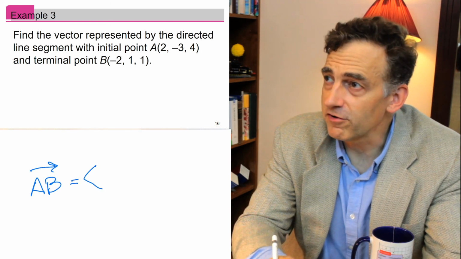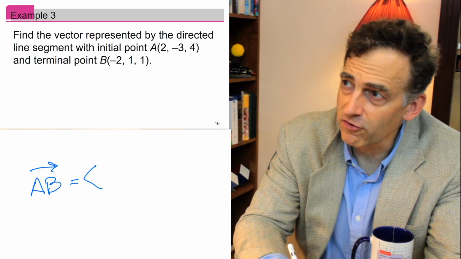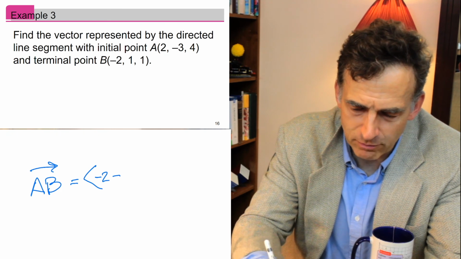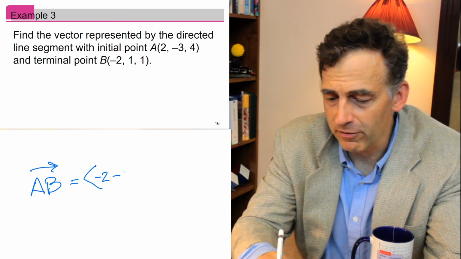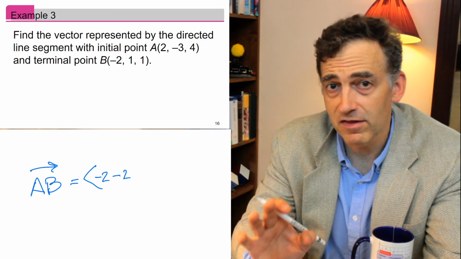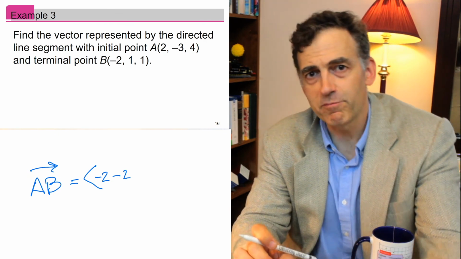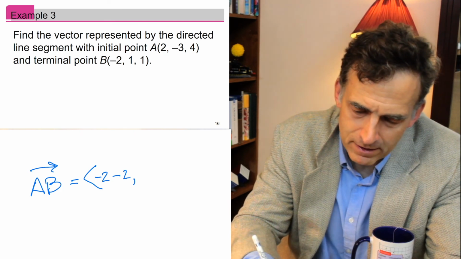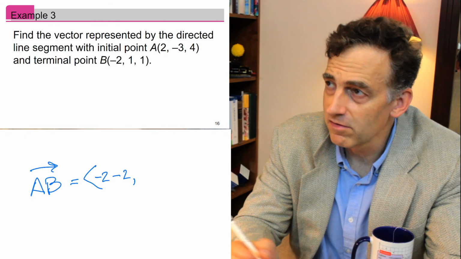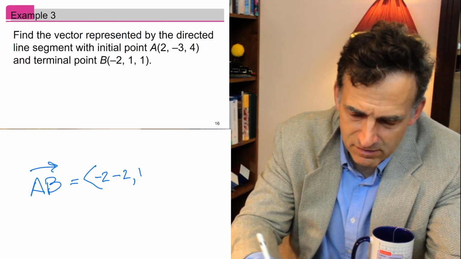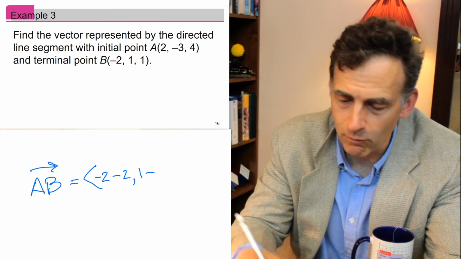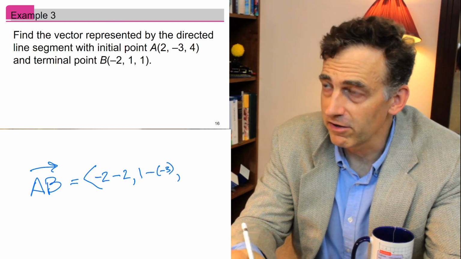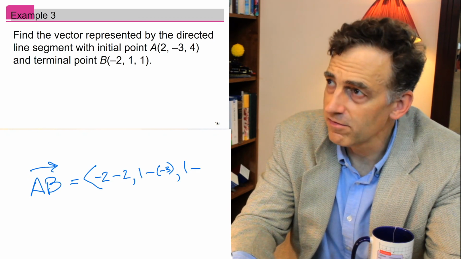To write this vector down, we start with the terminal point B and subtract off the initial point. So for the x component, I start with negative 2, the x component of B, and then I subtract off the x value for point A. Let's do the same thing with the y values. The y value for B is 1, and I'm going to subtract off the y value for A, which is negative 3. Finally, we'll deal with the z values, 1 minus 4.